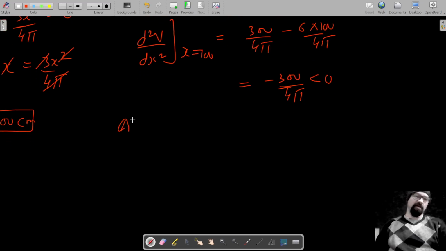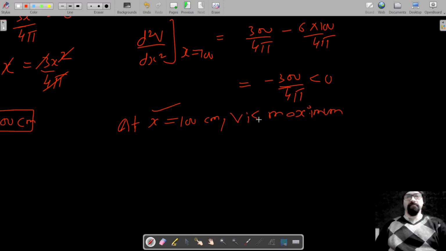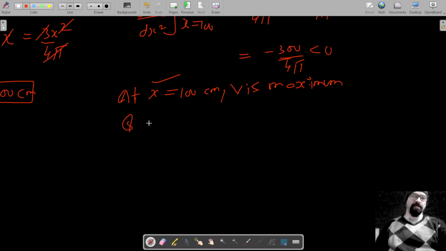So that means at x is equal to 100 centimeter, v is maximum. Now let's find out the breadth as well. Breadth was 150 minus x, which is 100, so 50 centimeter.